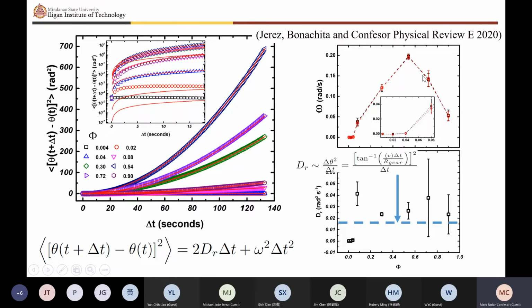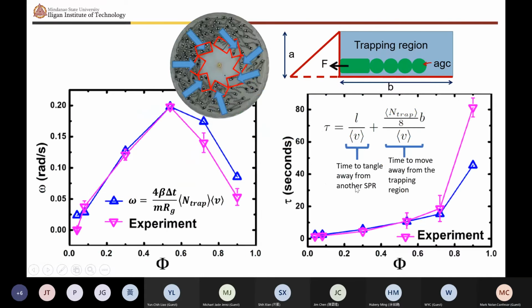As you increase the number of particles, the time for the particle to stay at some region drastically increases, and also the drop, because now you have many of them. And so what happens is that this tau increases as a function of time. But nonetheless, even though you have those conditions caused by jamming, at higher concentrations of phi, you can actually reconstruct a simple formula to get omega.